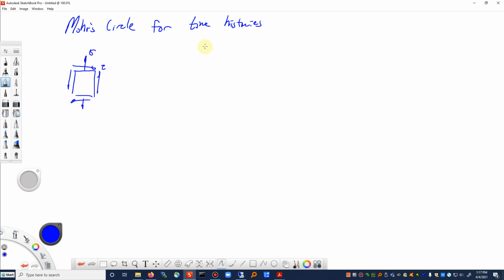Then for a given value of sigma and tau, we would plot on our sigma and tau axes this way. We would have our sigma and tau point. We would have the average, which would be, in this case, sigma over 2.